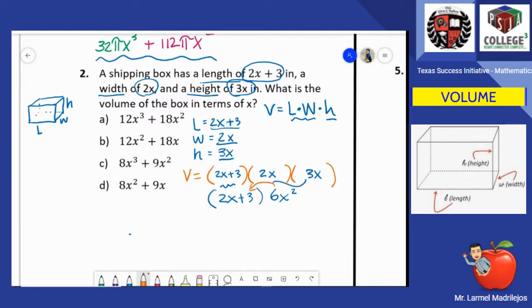Let's start with the first one: 6 times 2 is 12, and x times x squared is x cubed. Then 3 times 6 is 18x squared. So that's going to be my answer: 12x cubed plus 18x squared. Which one is that? It's not this, it's not this. We have a cube here. Looks like the answer is A.